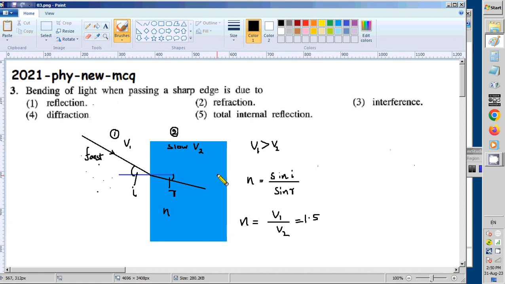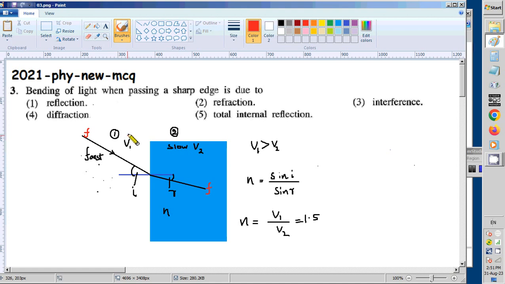So this is refraction. If we consider this as a wave, we can discuss a little bit more. The frequencies are the same. Why? They have asked this in past papers. The answer is the same source. There must be a source, a vibrator here, or a light, such as a torch or light source. The source is the same for these two rays, therefore the frequency must be the same.